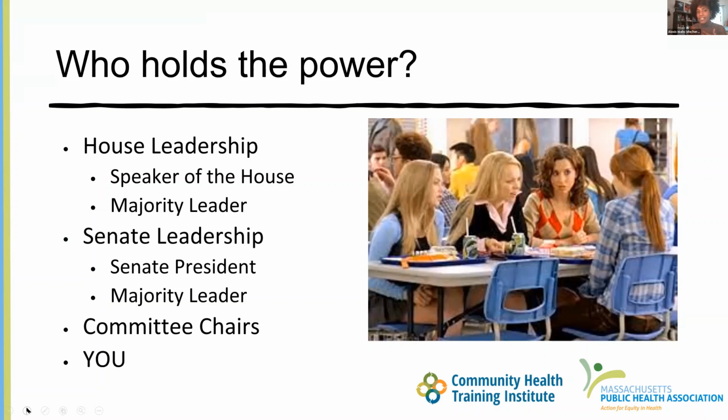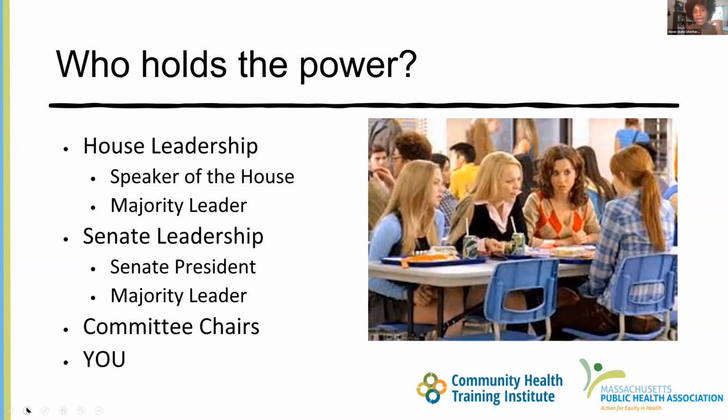Even though every legislator has a vote, there is only a core group of legislators who are actually deciding what comes to a vote. Everybody may have a vote, but there's a core group who's deciding what is brought to a vote or not. When we look at how that power is distributed within the legislature, I just want to name a few things.